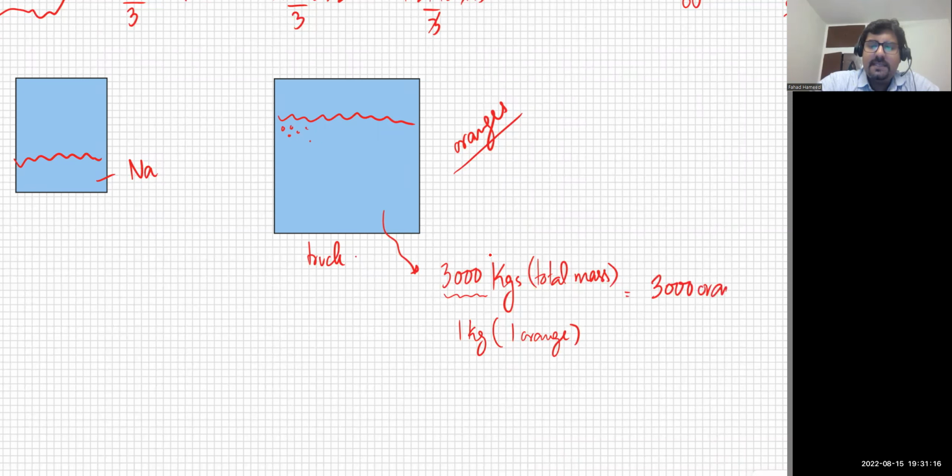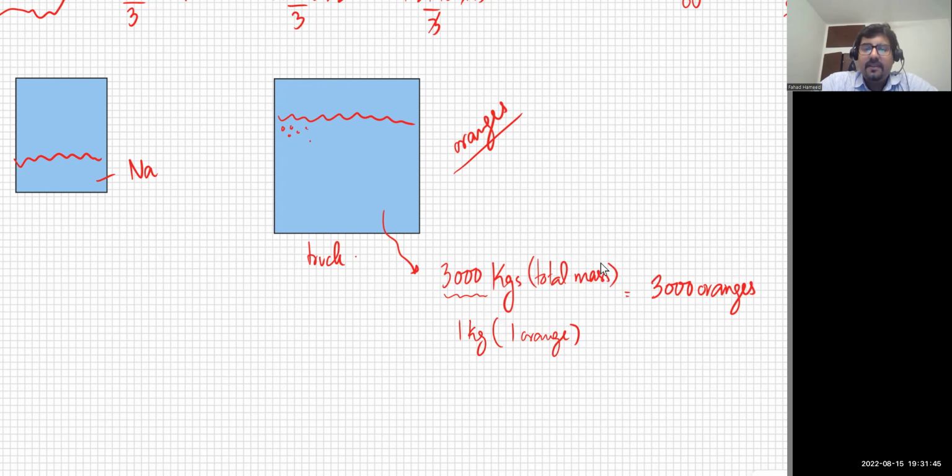Although that's an estimate. It's not going to be 100% accurate, but I'm pretty close to the actual number, because no one is going to actually be able to count all those oranges one by one. So we can make a very good estimate. I took the average mass of an orange and the total mass of all the oranges in that container.